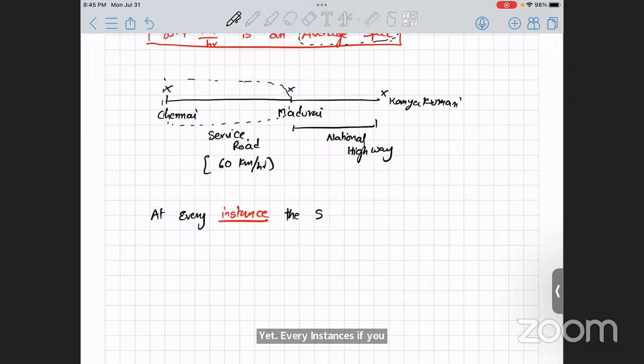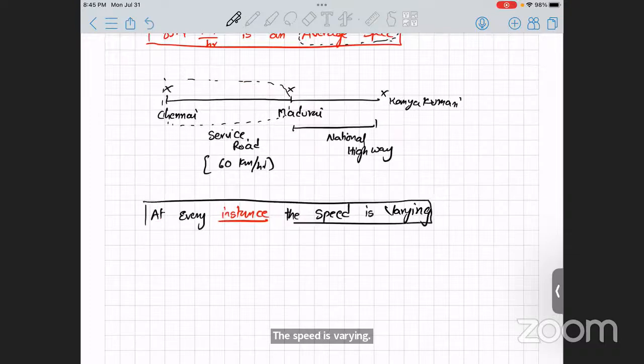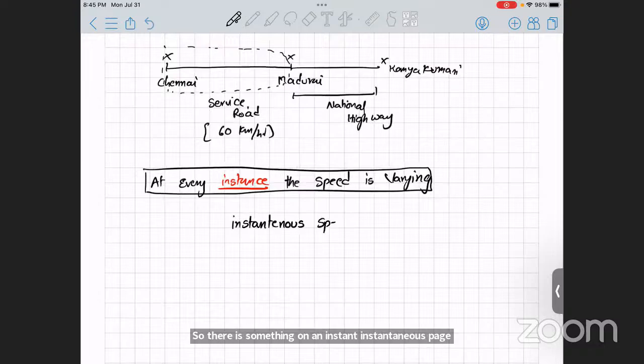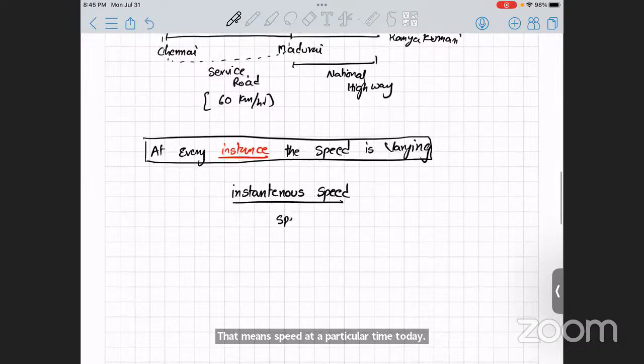The speed is varying. Agree? So there is something known as instantaneous speed. Instantaneous speed means speed at a particular time period.